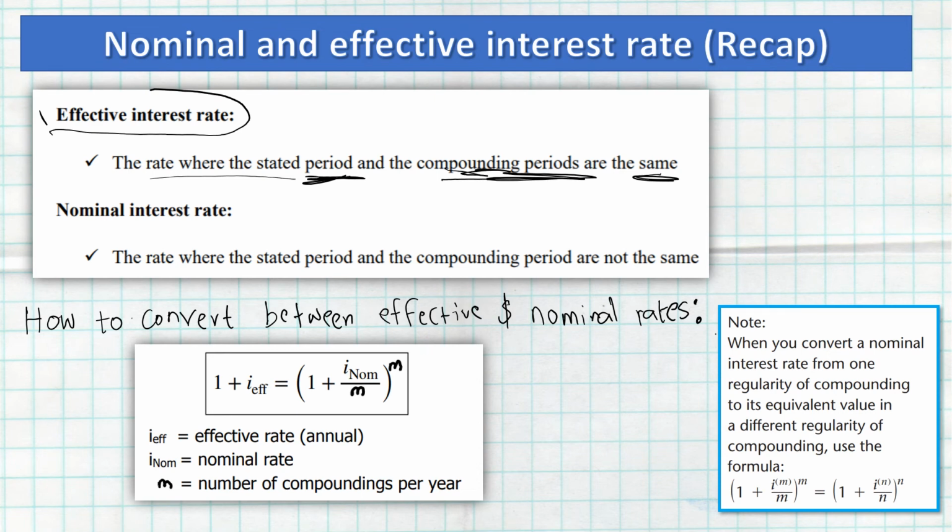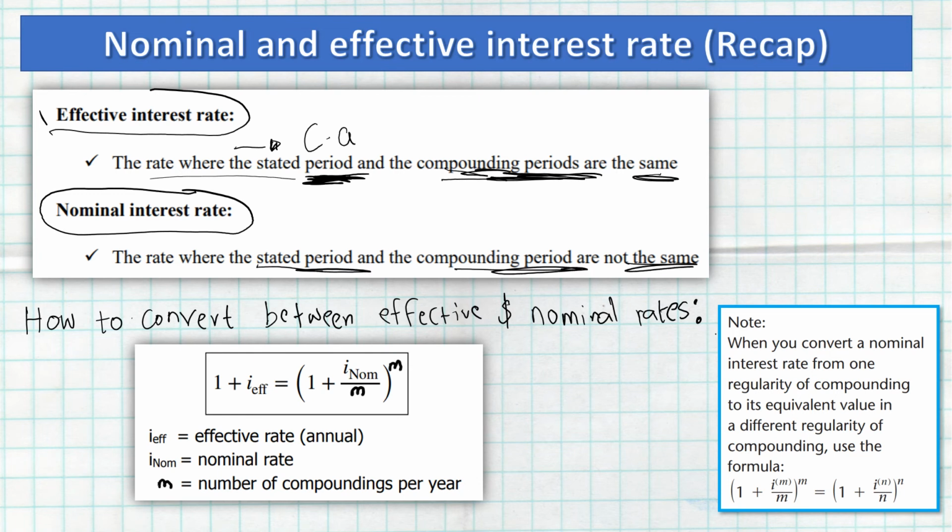Most of the time, to understand it, you must just know that an effective interest rate is mostly compounded annually or yearly. But really, this is just where the stated period and the compounding period are the same. Now the nominal interest rate is a rate where the stated period and the compounding period are not the same.